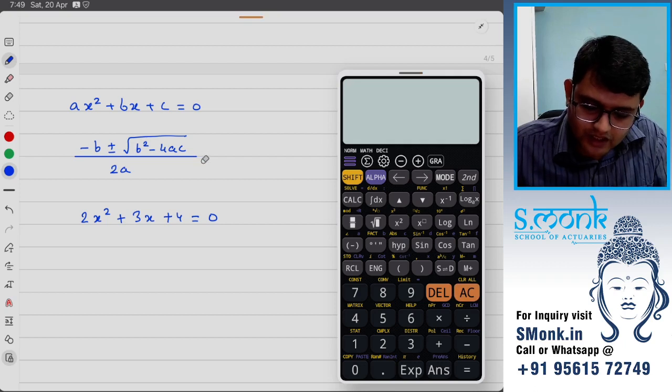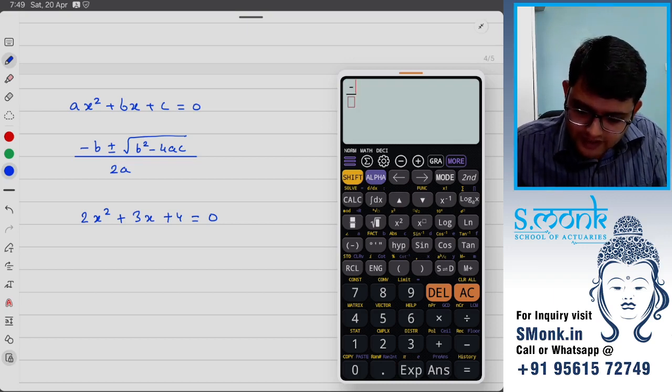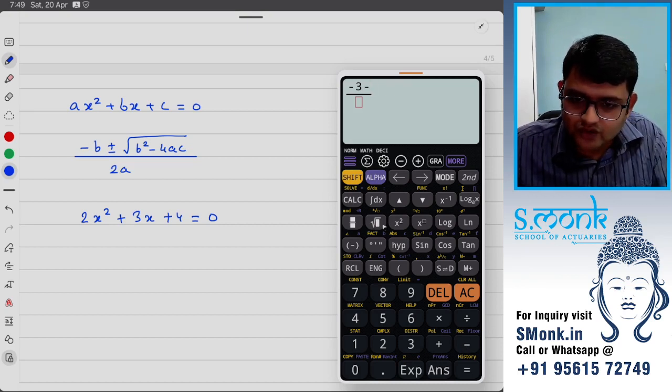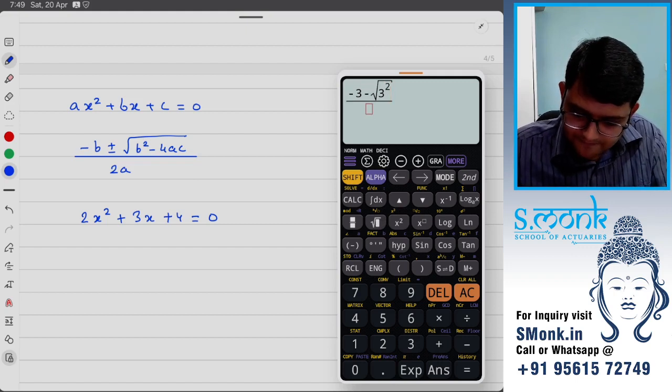I want to make a fraction. Here I have this upon button. I'll press that. I get a fraction. You can see I am at the numerator of the fraction. So I'll say minus 3. Then minus under root. I have an under root button, you can see besides that fraction. I'll press under root. Okay, b square, so 3 square.